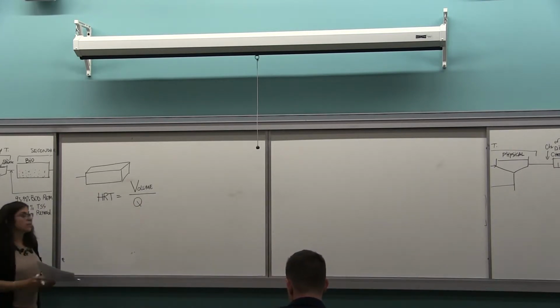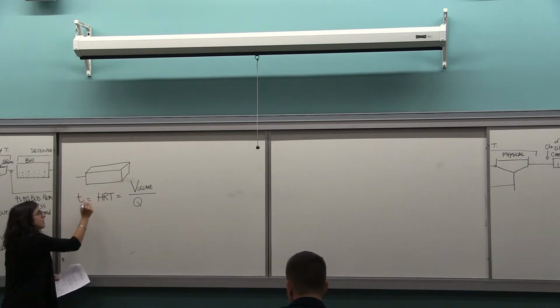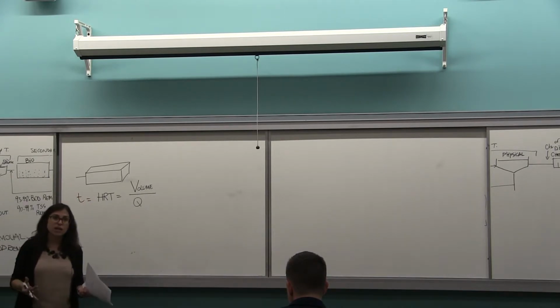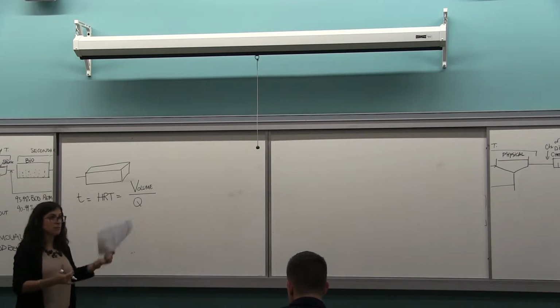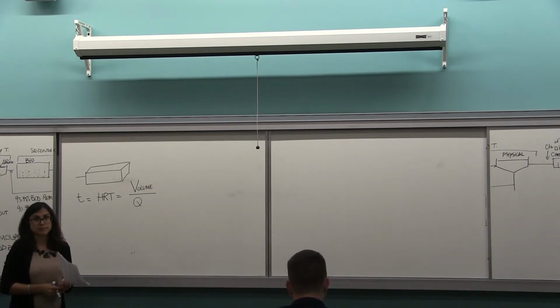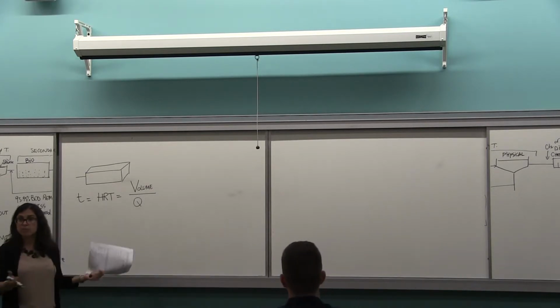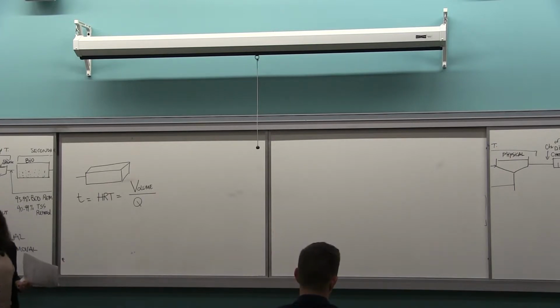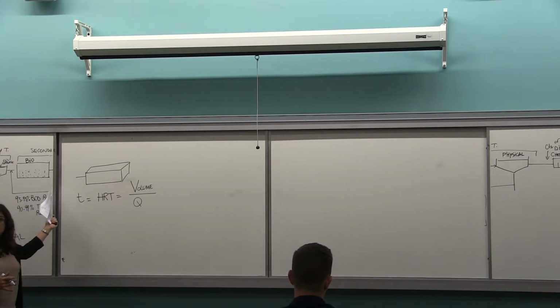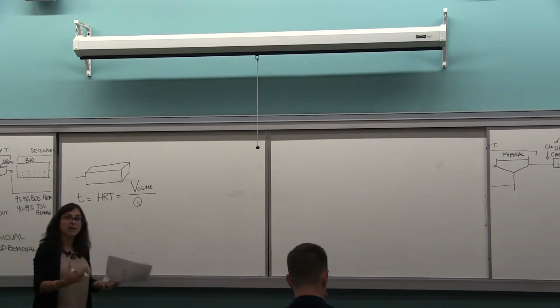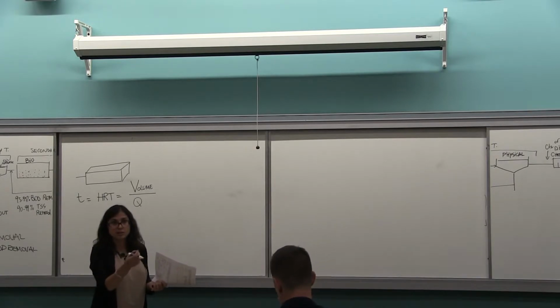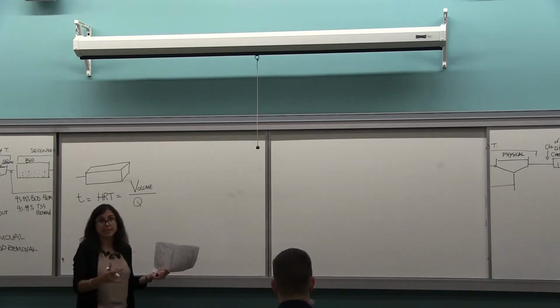We can call it T, the average time that the water spent in that tank, in minutes or hours. Just for reference, the grit chamber has 3 to 5 minutes residence time. Sedimentation basin, 1 to 3 hours.